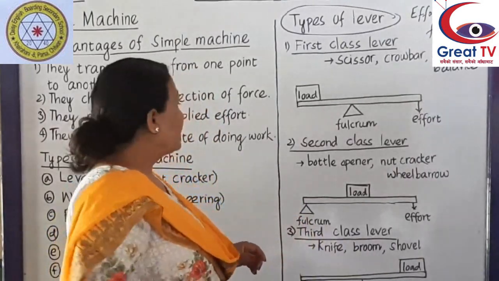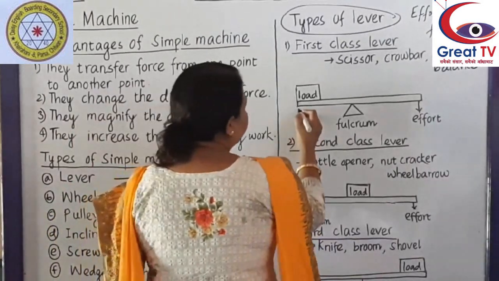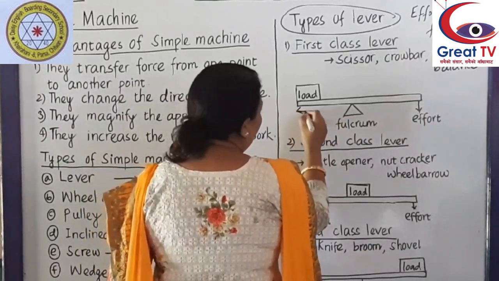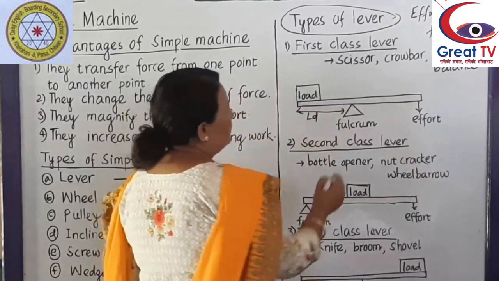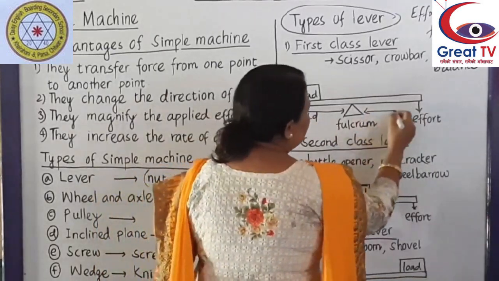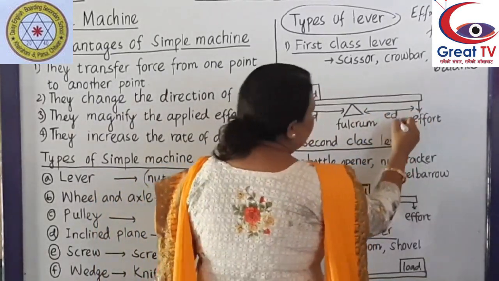Now in a first class lever, the distance from load to fulcrum is called load distance, and the distance from fulcrum to effort is called effort distance.